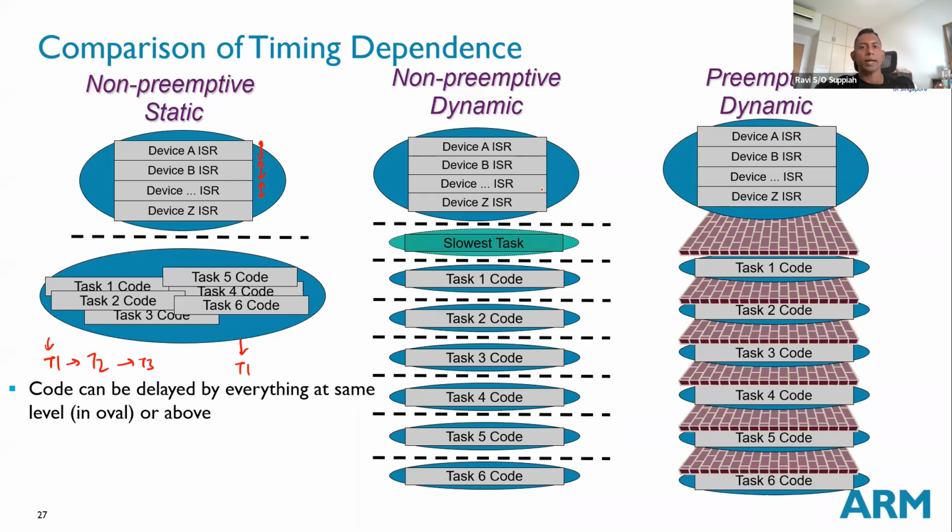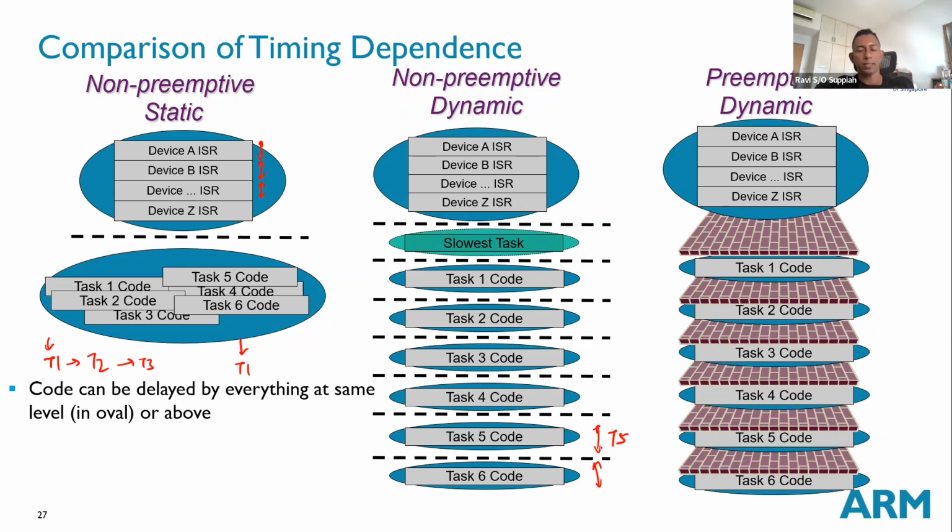In non-preemptive dynamic, the maximum delay that can happen depends on the maximum delay of any particular task. For example, if task 5 is the task that takes the longest amount of time, that is the longest delay you may have to incur when you need to do a switching.